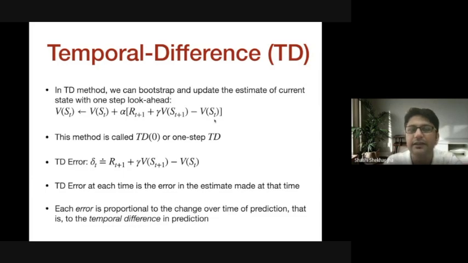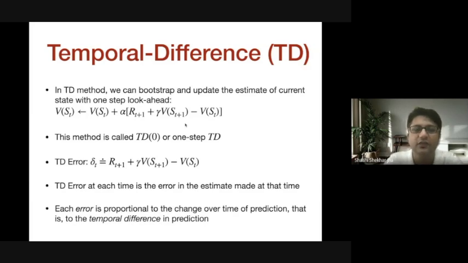The TD error is given by your current reward plus the same gamma factor times the value of the next state that you went to, minus the value of the current state. This is called the TD error. So you improve your value estimate of your state with the current error that you can record with the current sample.